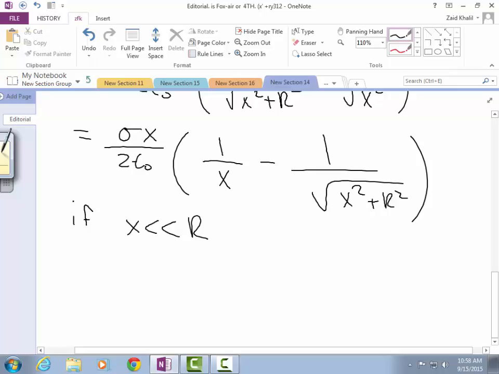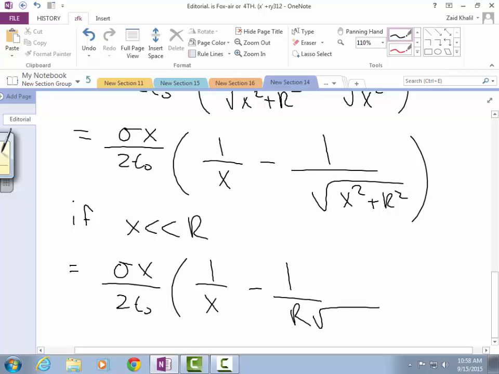So for x much, much less than r, what do we get? It's equal to sigma x over 2 epsilon 0 times 1 over x minus, and since x is much, much less than r, factor out 1 over r. What do I have?